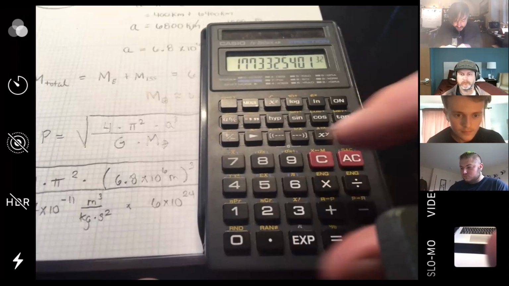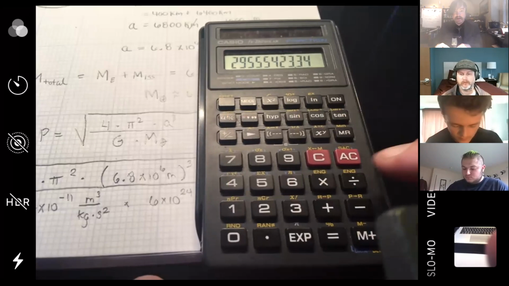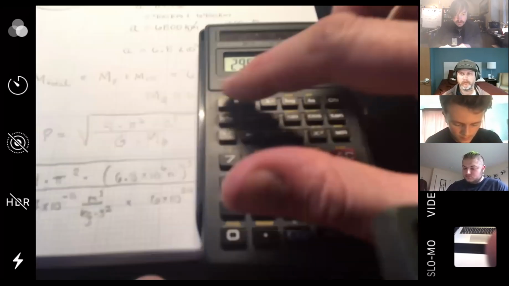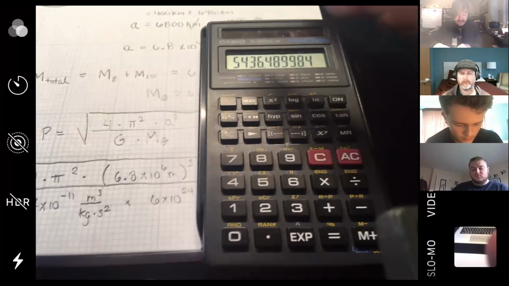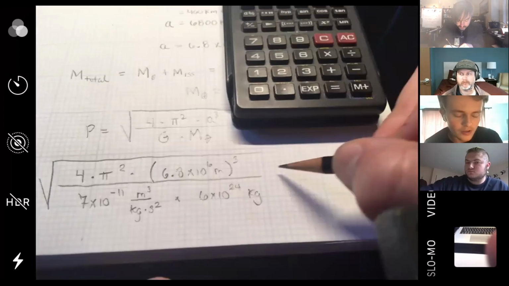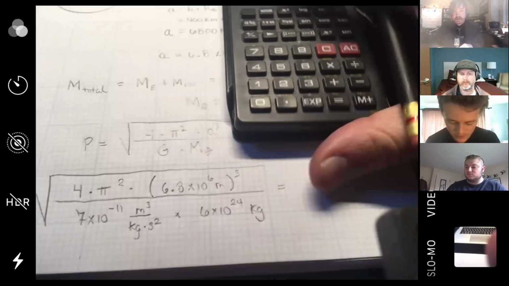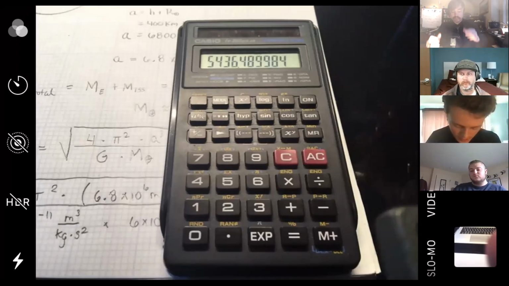Divide by 6 exp 24, equals, and then we got to shift and square root. What's my final answer? I'm so lost because I lost you on the part to divide. I lost you on the square.